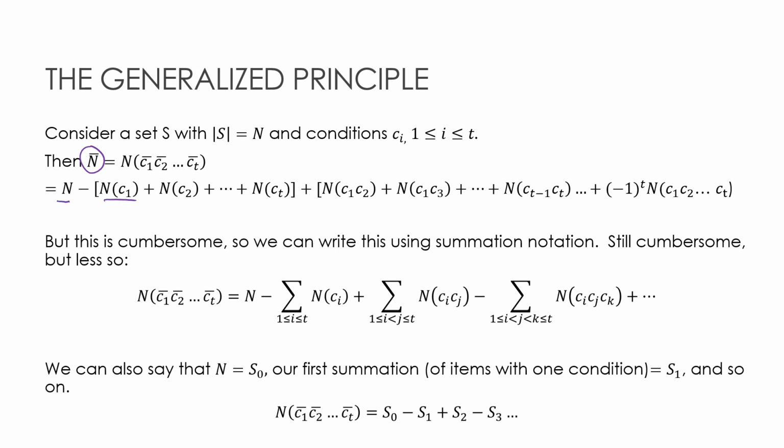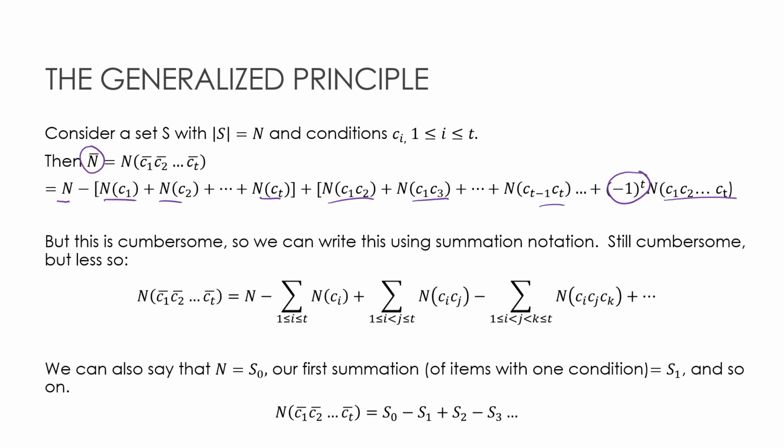We're going to subtract elements with set size of 1, add elements with set size of 2, subtract with set size of 3, etc., which means essentially that I'm taking negative 1 to the t, because that's going to give me the plus, minus, etc., and then however many values that I get.